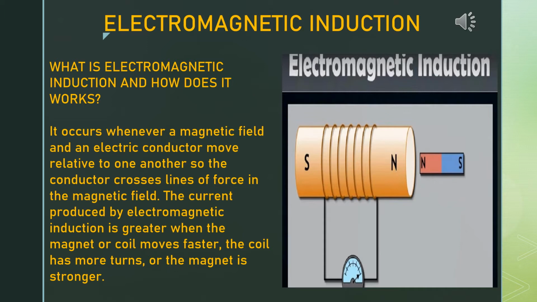This EMF is called induced EMF, because it is related to induced magnetism. The phenomenon is known as electromagnetic induction. So the phenomenon of production of induced current in a closed circuit or coil due to the change in the magnetic field linked with it is called electromagnetic induction.